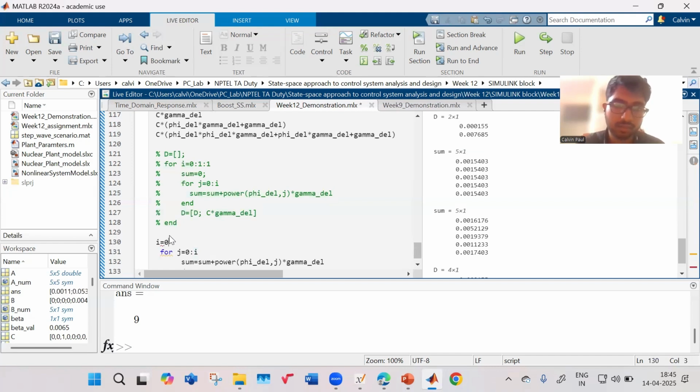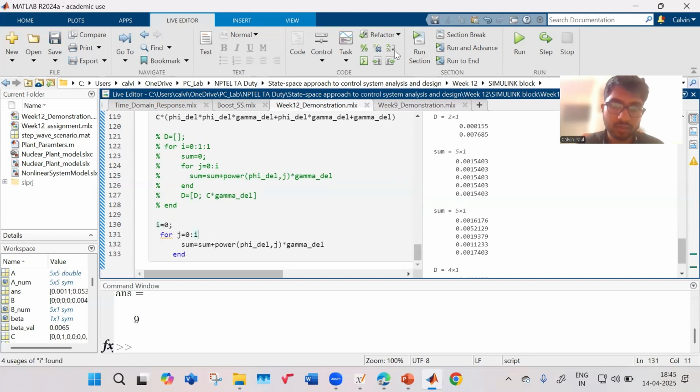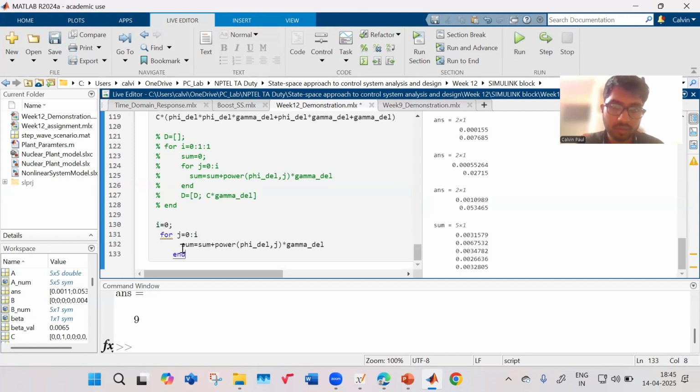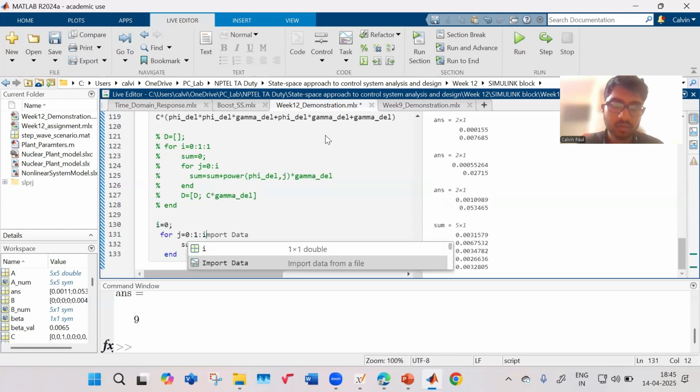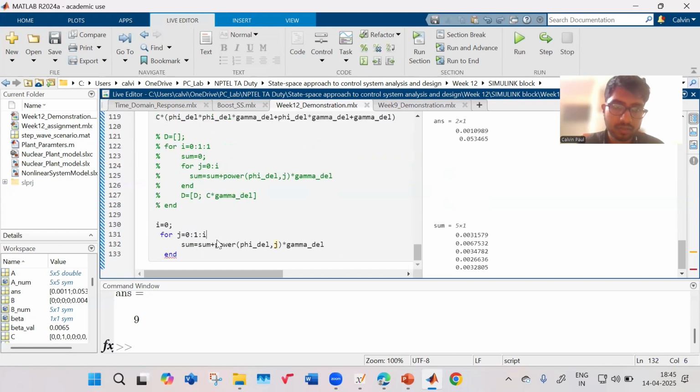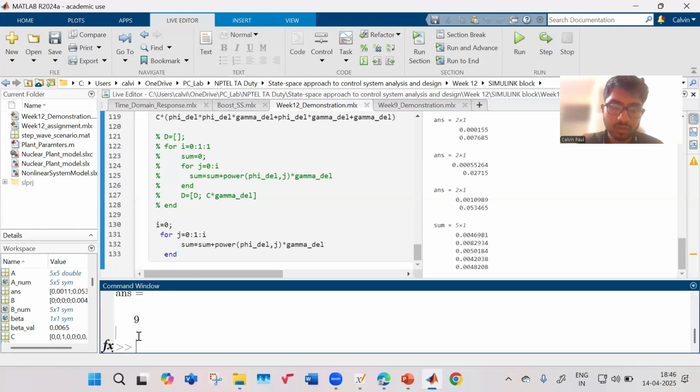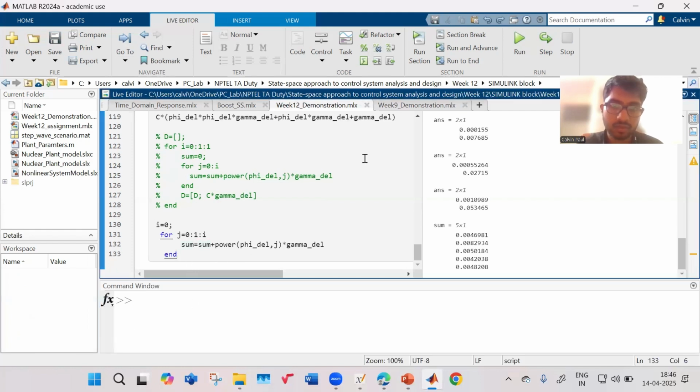Or let's say I is equal to 0. If I is equal to 0, then what will this one need to be? Please evaluate it.